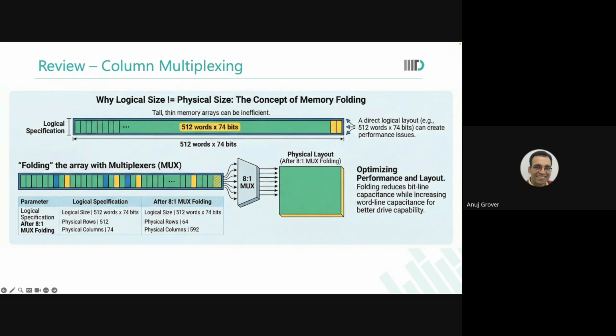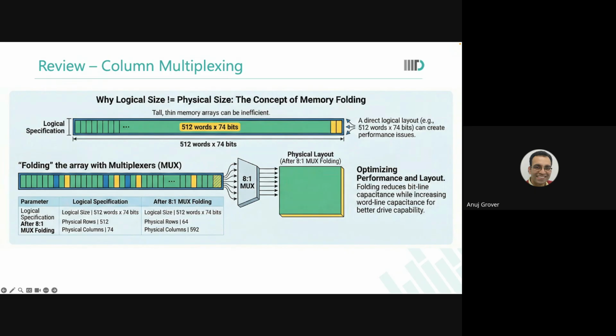So, two reasons. First, we need to have an aspect ratio which is usable in the context of the design that I'm working on. Second, the performance would go for a toss if RCs are very, very large because it's a very long line that we are running. So it is desirable to fold the memory by using what we call multiplexers.